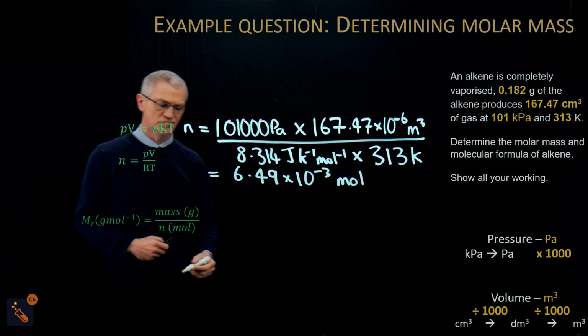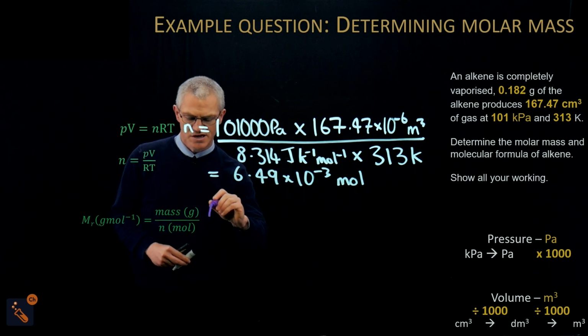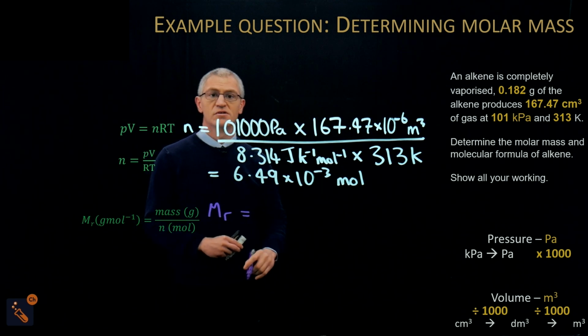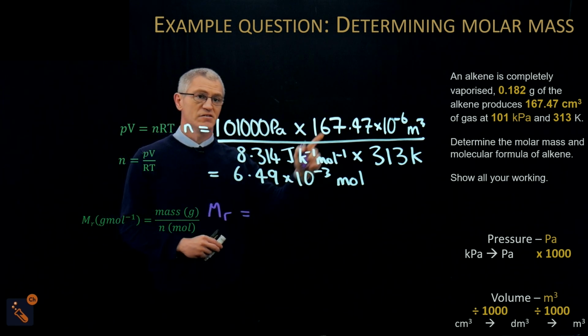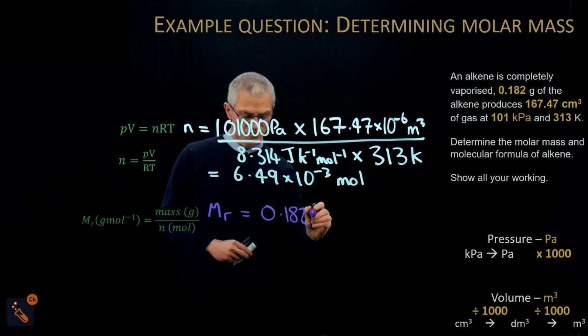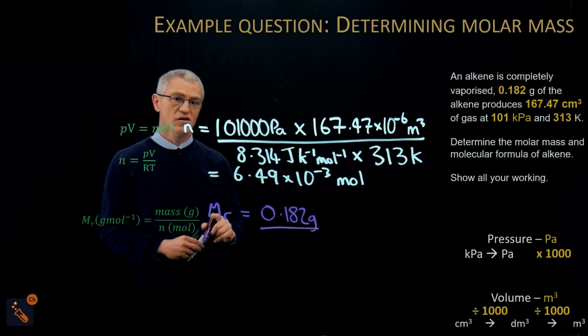So Mr, which is our second section, is going to be equal to our mass. Our mass is up there, 0.182. Okay, and then that is divided by our number of moles.